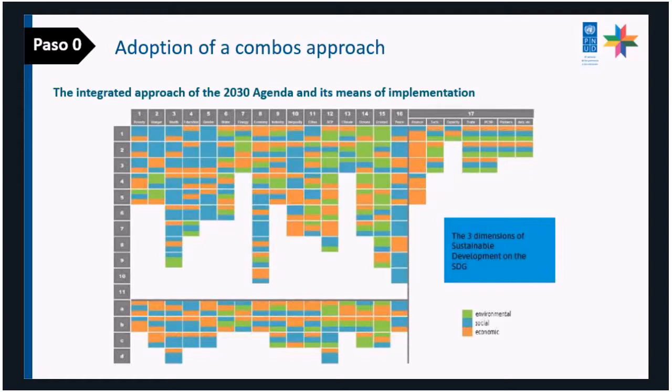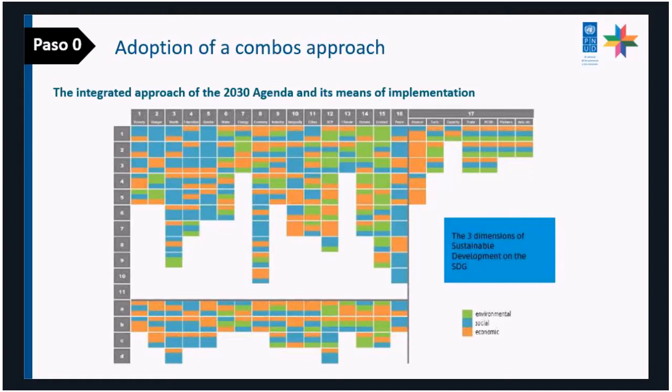When you think about poverty eradication, we're talking about access to natural resources, we're talking about sustainable livelihoods, we're also talking about economic, labor market forces, and of course, social protection and social policy. So we have, in each one of these targets, a mix of dimensions.